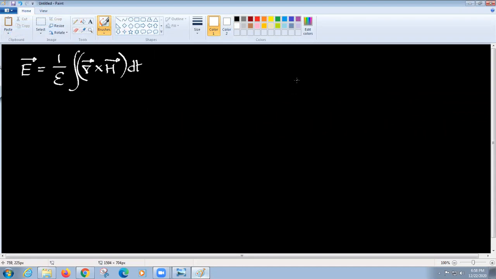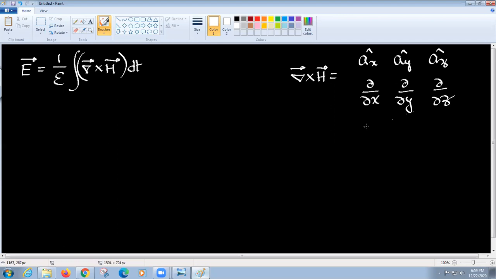Now in Cartesian system, suppose you want to find curl of H. How do you do that? You have Ax, Ay, Az, then dou x, dou y, dou z, and the scalar components Hx, Hy and Hz. Drawing straight lines is difficult, so let me use this.